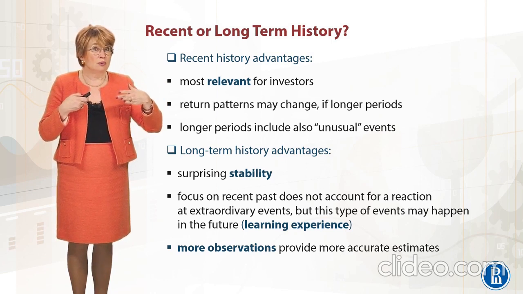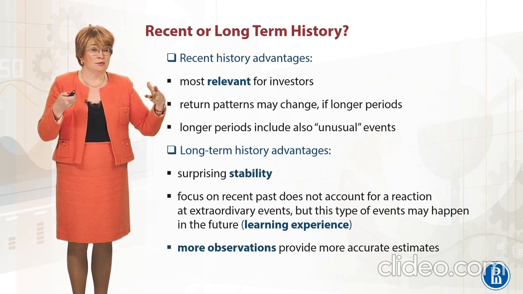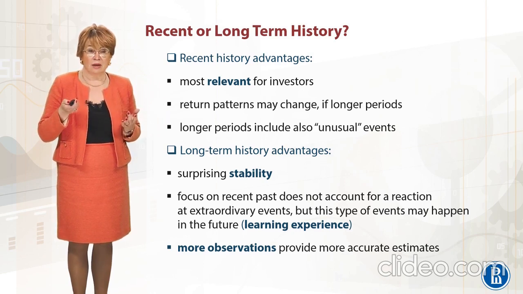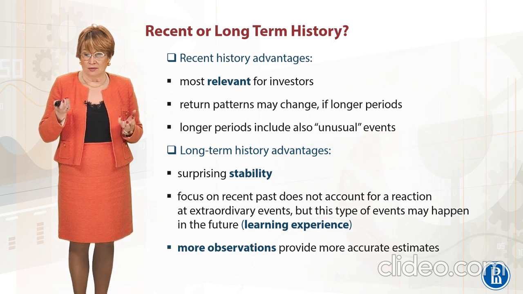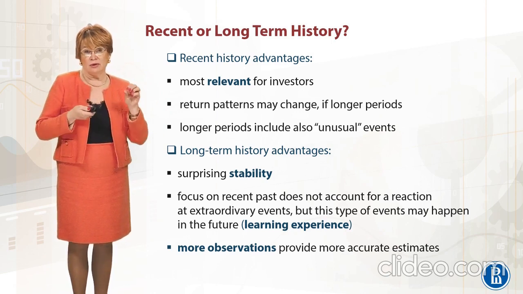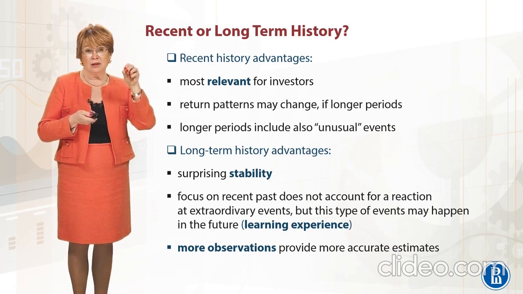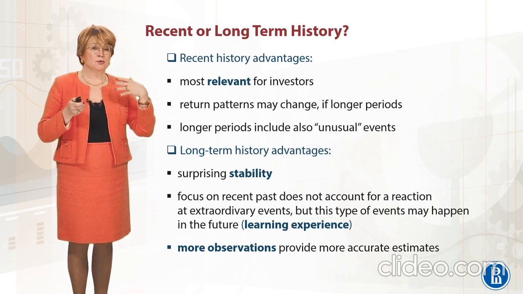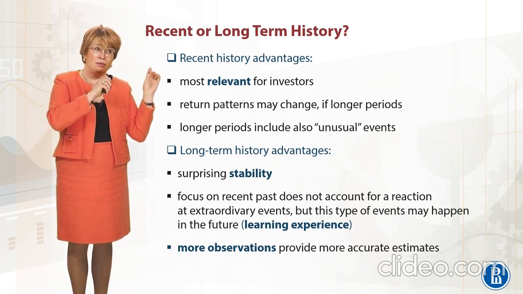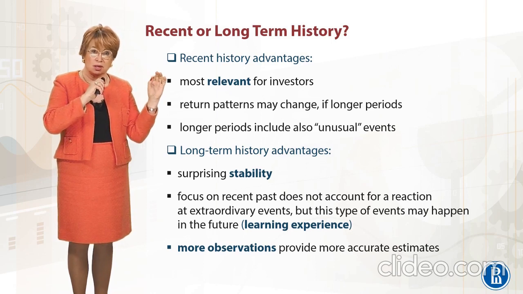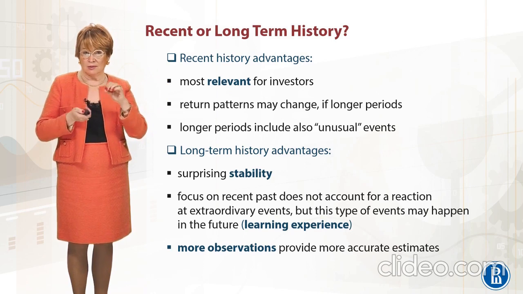If something very unusual is going to happen in the nearest future, they need to adjust to these very irregular, unusual events. Looking at longer periods in the past to derive the average market risk premium, you are trying to say that you are looking at the memory of the investors, at their behavior, which comprises some component of learning experience.